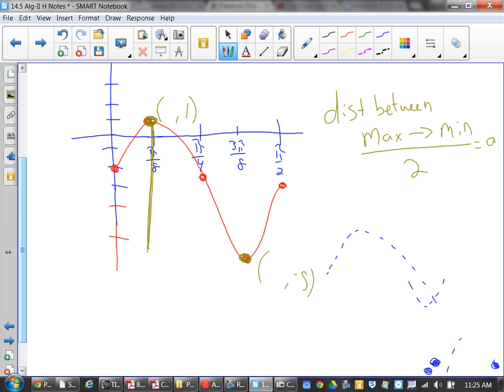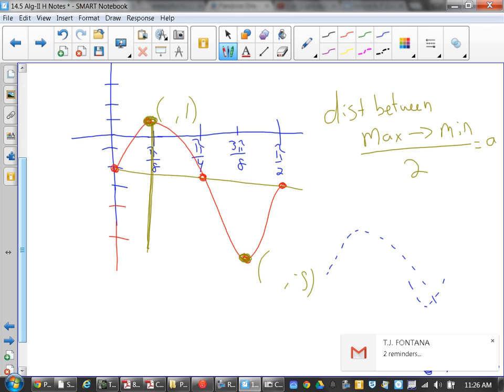Now, it's up to you to decide, is that A value can be positive or negative. And it's pretty easy to tell if you remember what way sines and cosines go. Remember that a sine graph will start and repeat that spot 3 times.